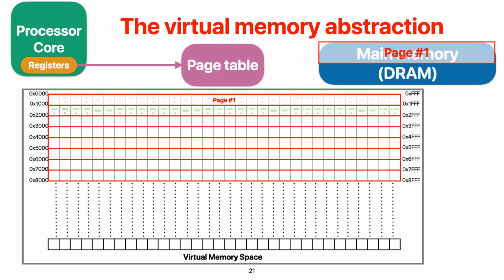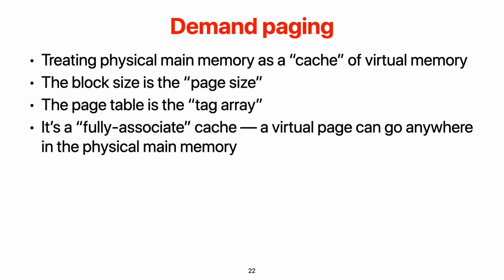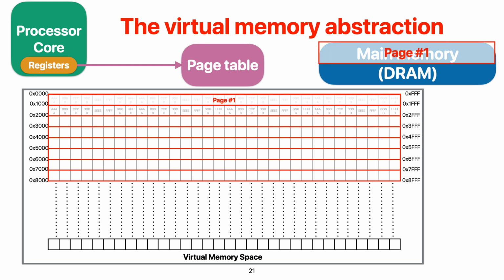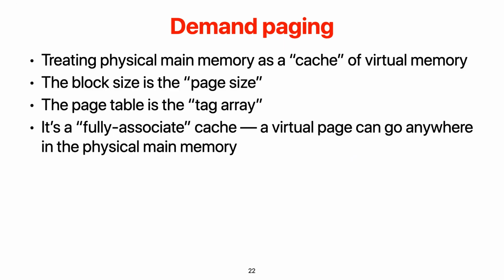Whenever you have an address, the page table is responsible for translating the virtual page number to the physical page number, and then using the physical page number, we know where the data is, and we can get the real data that we need.